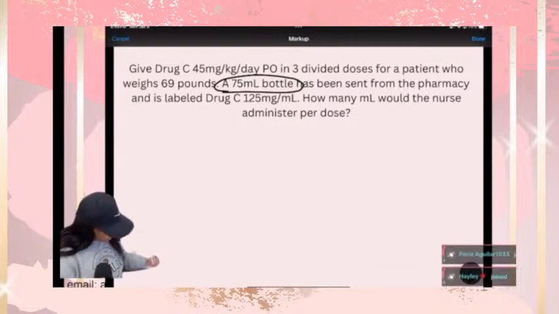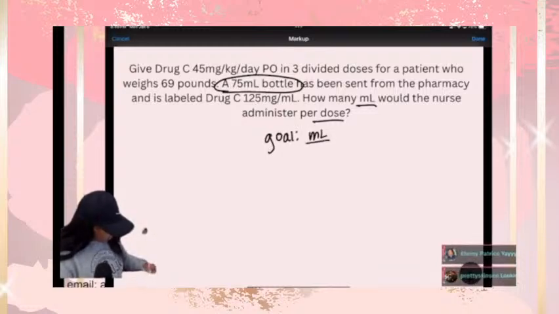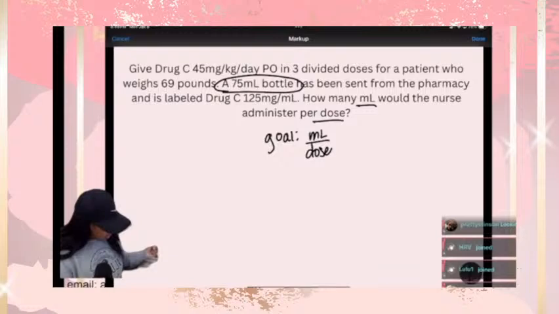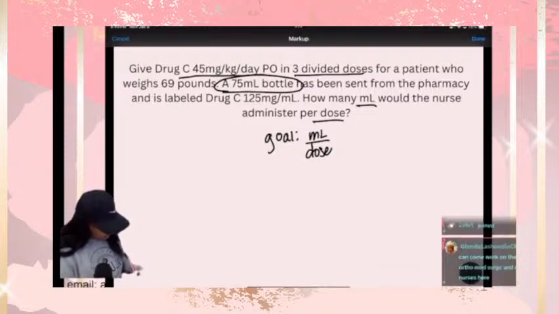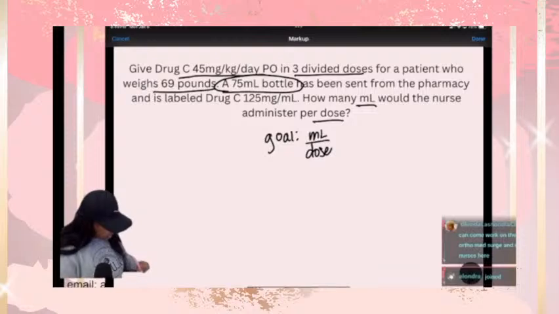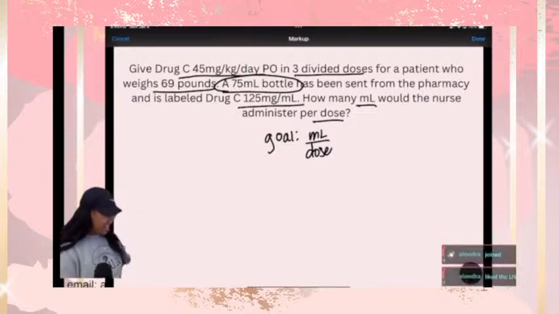So we need mL per dose, right? That's right. mL per dose. So we've got 3 divided doses. We got that right there. Our patient is 69 pounds, and then our concentration is that.